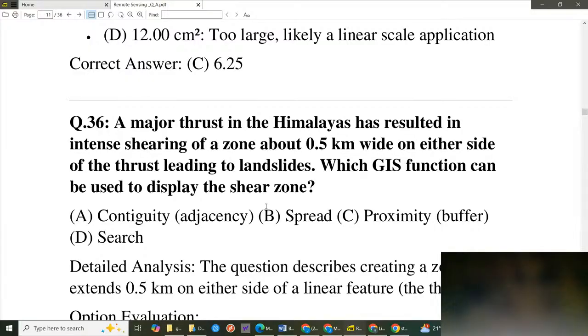A major thrust in the Himalayas has resulted in intense shearing of a zone about 0.5 kilometer wide on either side of a thrust, leading to landslides. Which GIS function can be used to display the shear zone?